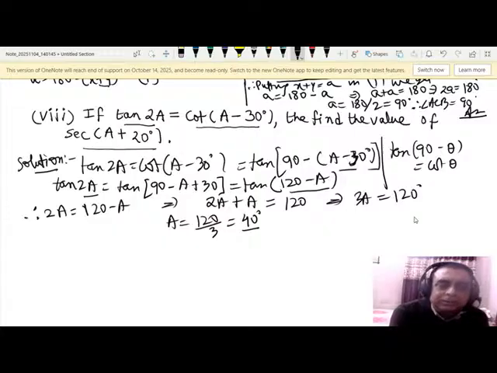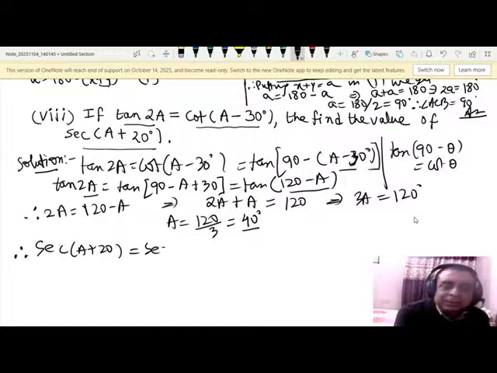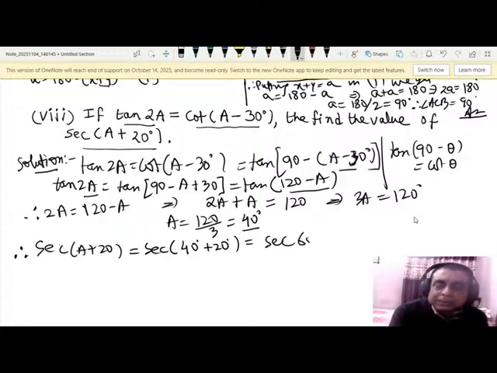Now put here in the sec, whose value we want to find out. So therefore sec (A plus 20) is how much? It is sec, A value we have found out, 40 degree plus 20 degree. It is equal to sec, 40 plus 20 is 60.